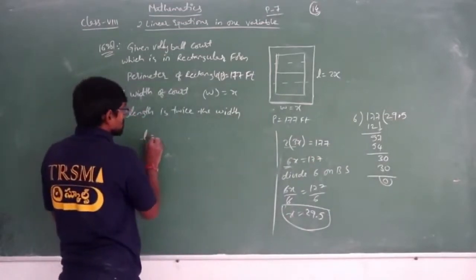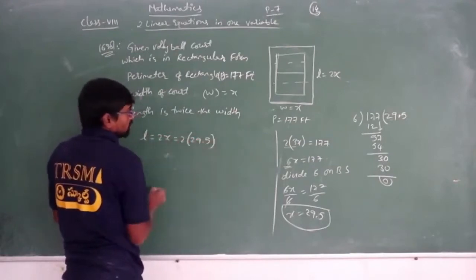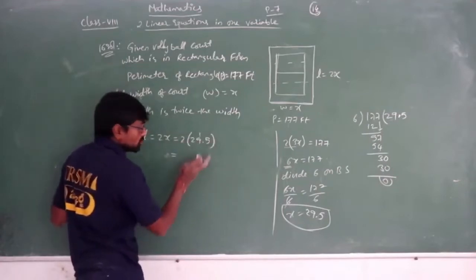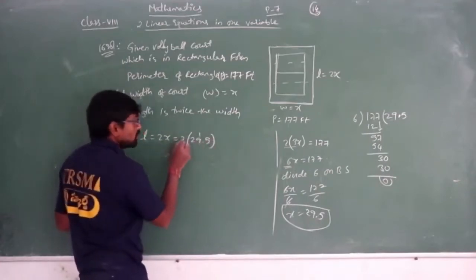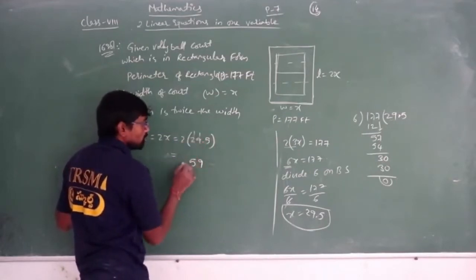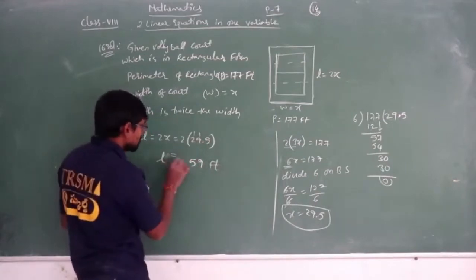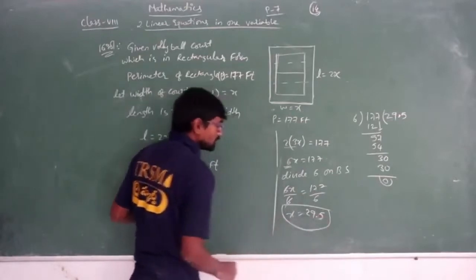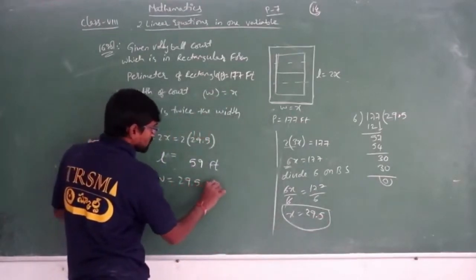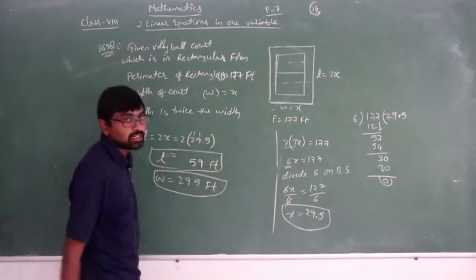So length is equal to 2x, that is 2 into 29.5. 2 5s are 10, so no need of writing 0 after the point. 2 9s are 18 plus 1, 19. 2 2s are 4 plus 1, 5. So 59 feet is the length and 29.5 feet is the width. Width is equal to 29.5 feet and length is equal to 59 feet.